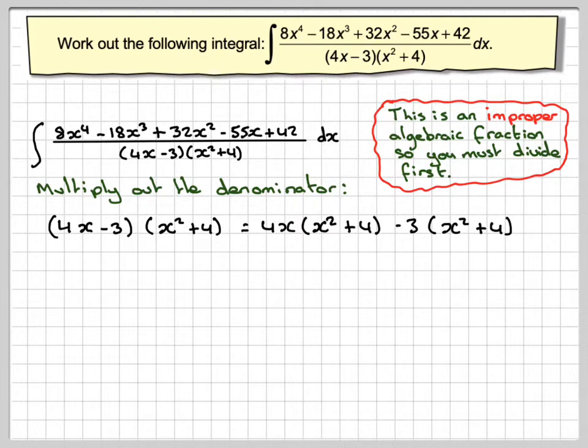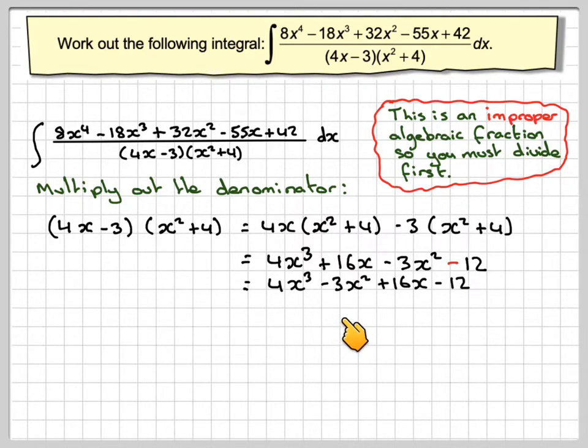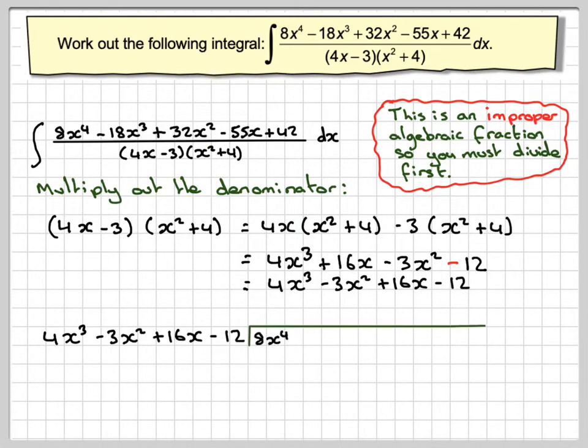That's going to give me 4x cubed plus 16x from there, and then minus 3x squared, and change the sign, be careful with the sign, minus 12. So writing it out in order, we get 4x cubed minus 3x squared plus 16x minus 12. So we now need to do this divided by this. So writing out the division.